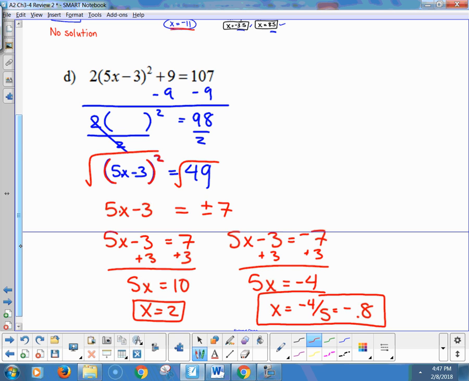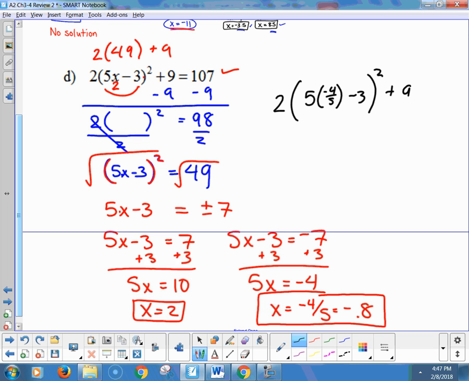If we check 2, 5 times 2 is 10. 10 minus 3 is 7. Squared is 49. So 2 times 49 plus 9. Sure enough, that'll get me 107. If I check negative 4/5, we'd have 2 times 5 times negative 4/5 minus 3 squared plus 9.